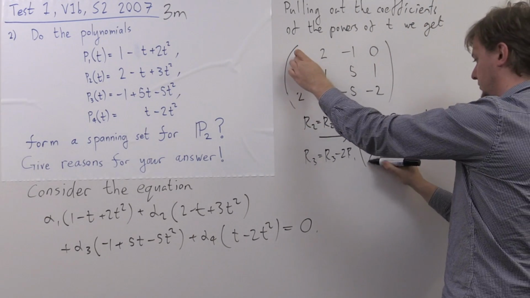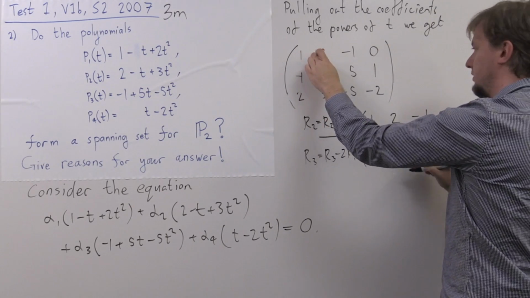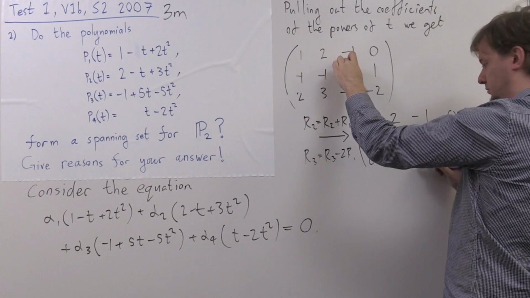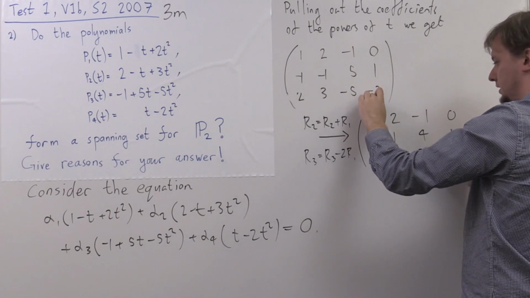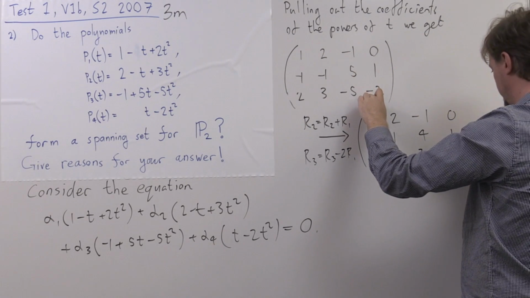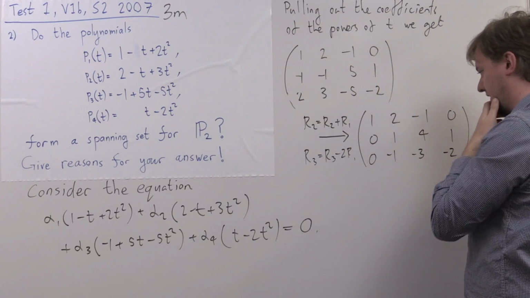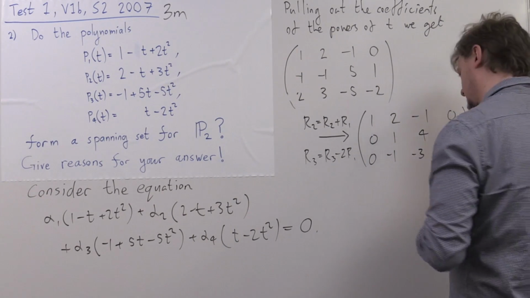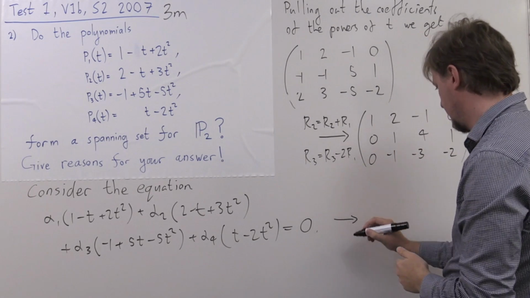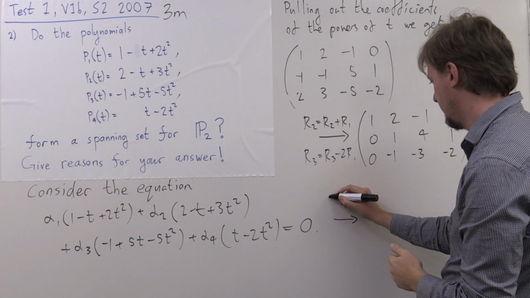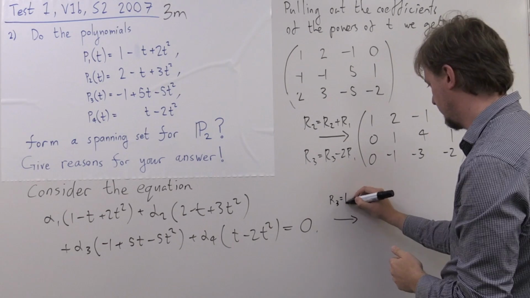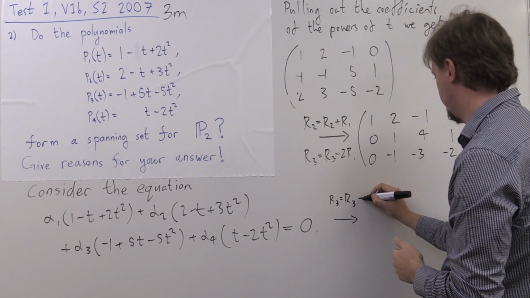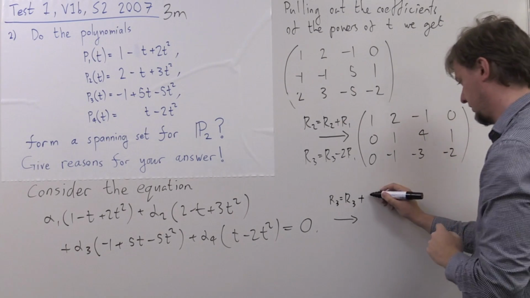2 minus 2 is 0. 3 minus 2 is minus 1. Minus 5 plus 2 is minus 3. And this is just a minus 2. Only one more row operation is required. Row 3 equals row 3 plus row 2.